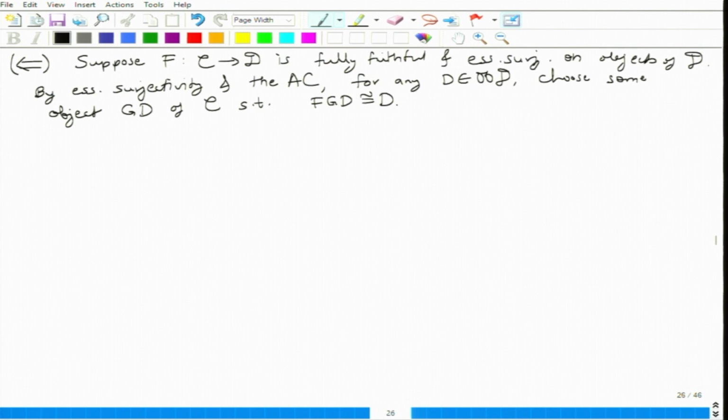We are making choices, one choice for each object of category D. So we are making potentially infinitely many choices at the same time. That's why the axiom of choice is important over here. So choose some object GD of C such that this happens. Our functor is not yet defined. We have just defined the object to object assignment. We still have to do a morphism to morphism assignment. How do we do that?